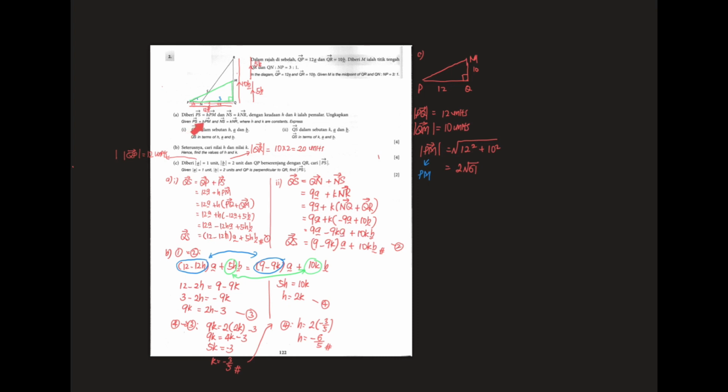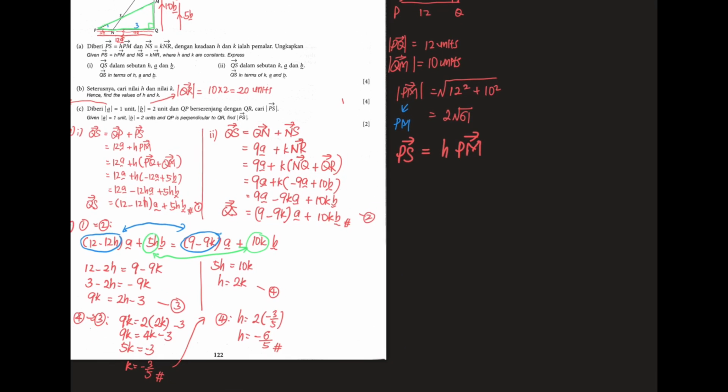You see here, PS equal to HPM, and we know H is a negative value. That seems not reasonable, because from what we know, PS and PM are in the same direction, so it should be positive, right? The H should be positive.